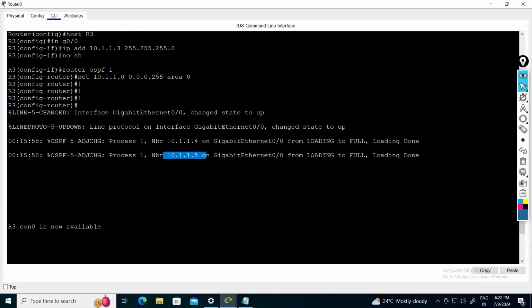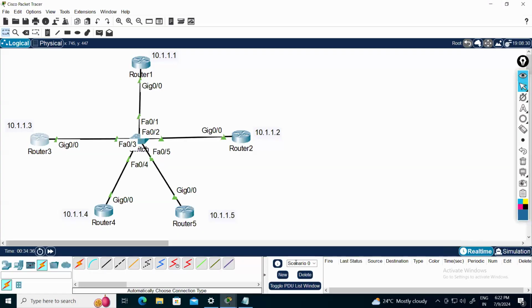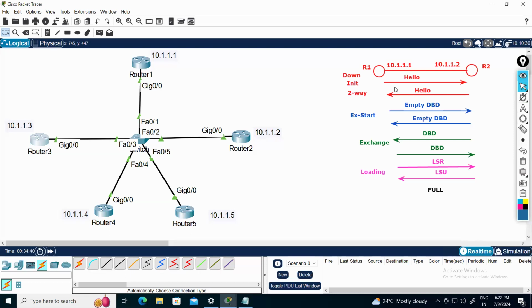They are only exchanging the complete database with DR and BDR. For others, they will only exchange hello messages. That means they will remain in the two-way state only, where they are just exchanging hello messages. They are not even going for master-slave or database exchange or anything else. Is that clear? Okay.